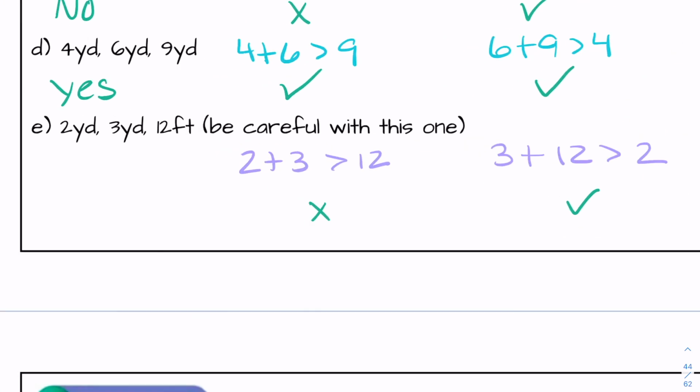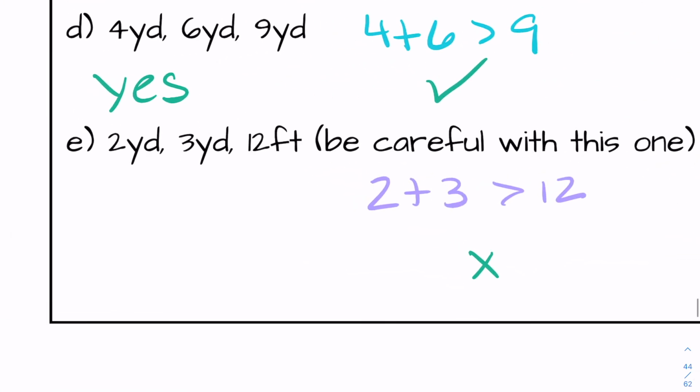But hold on, zoom in. 12 feet is not in yards. So let's put this in yards. There are 3 feet in a yard. So divide this by 3 and you get 4 yards. Or I could have multiplied these by 3 and put them in terms of feet.